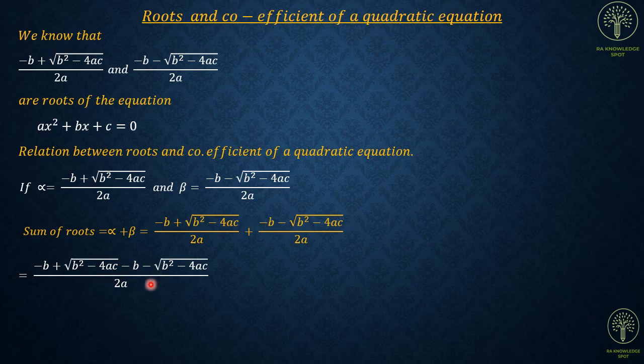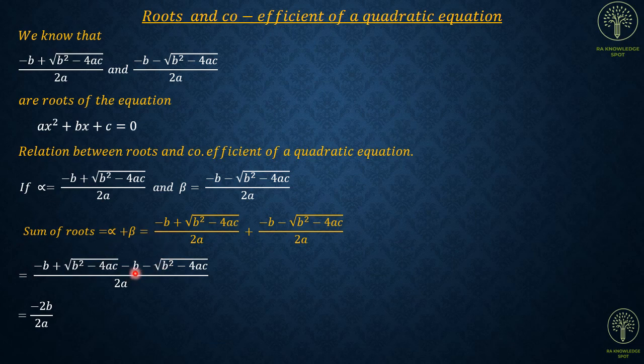Now, this plus minus minus, and this again plus minus, will give you a minus sign. The term under the root, b square minus 4ac, and the other under the root, b square minus 4ac, are exactly the same. In maths, when numbers are the same and the signs are opposite, they cancel out. So these two terms are cut down.